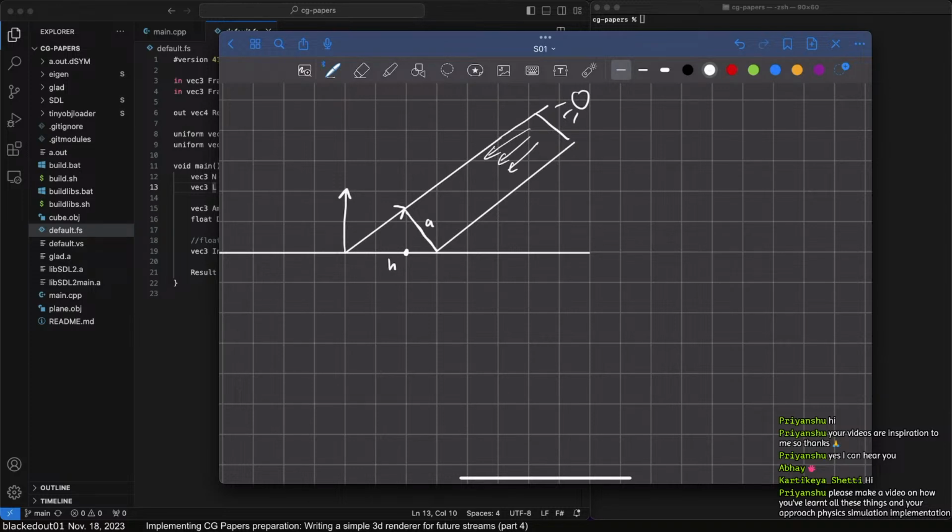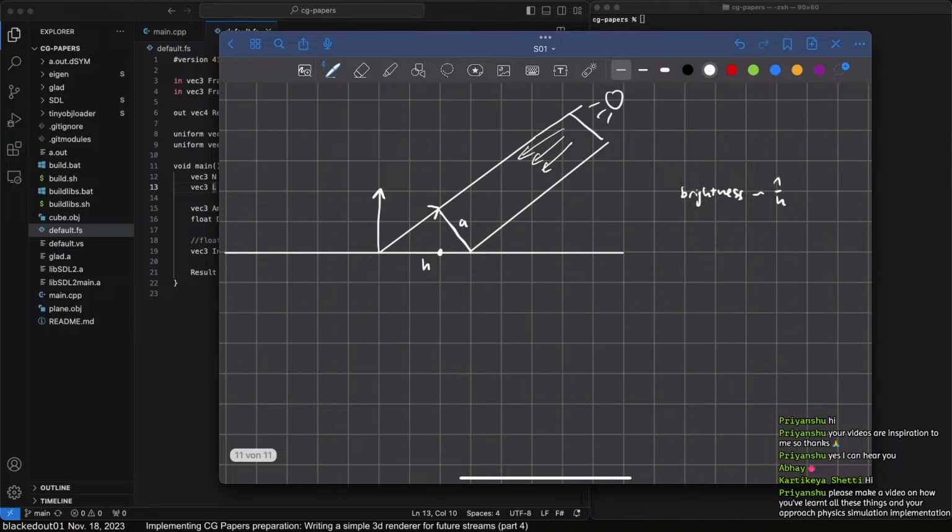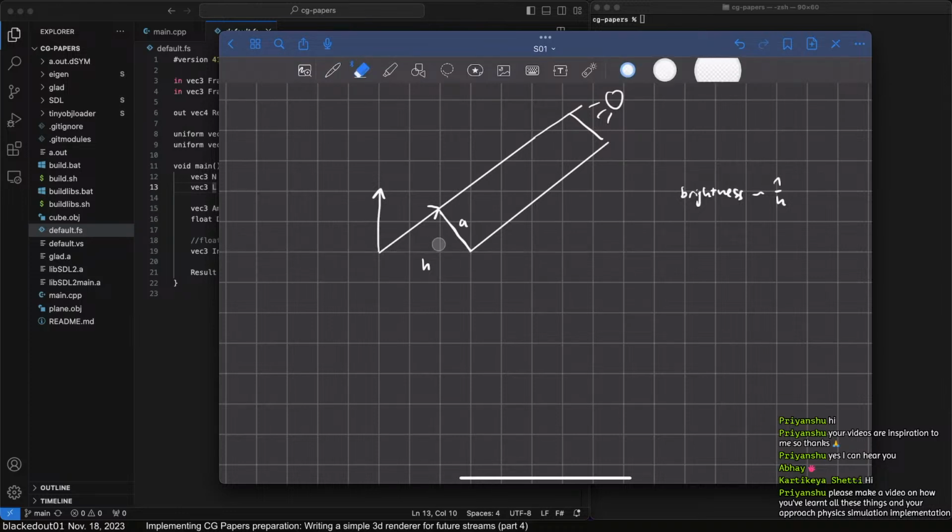So the brightness of any point scales with the inverse of H. That's because when the light source hits the plane at a really steep angle, you can see that all of these light rays are now much further distributed, which is why this scales with the inverse of this length. So now the question is just how to compute H.